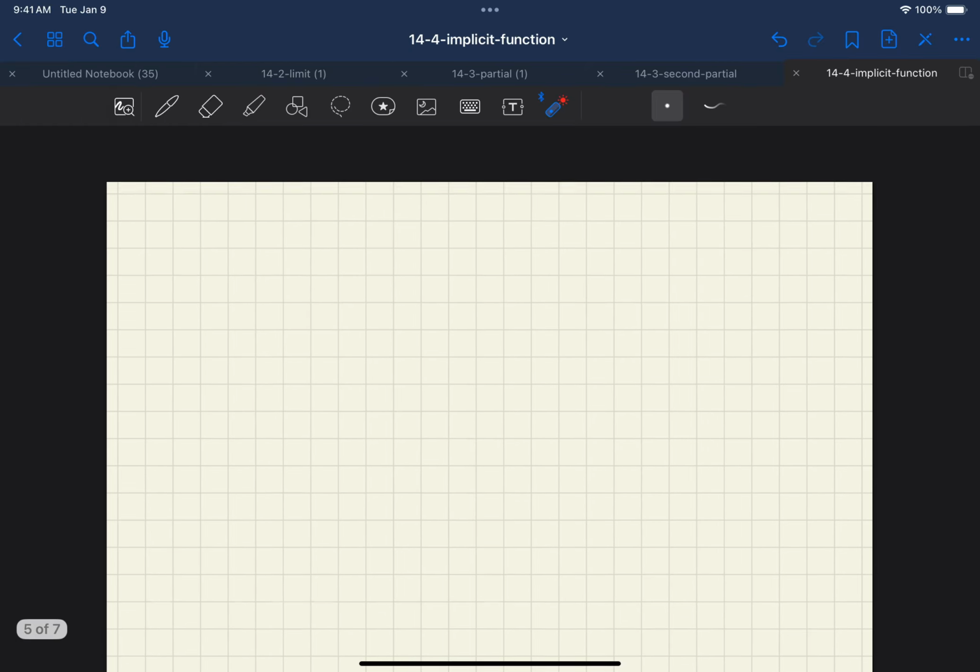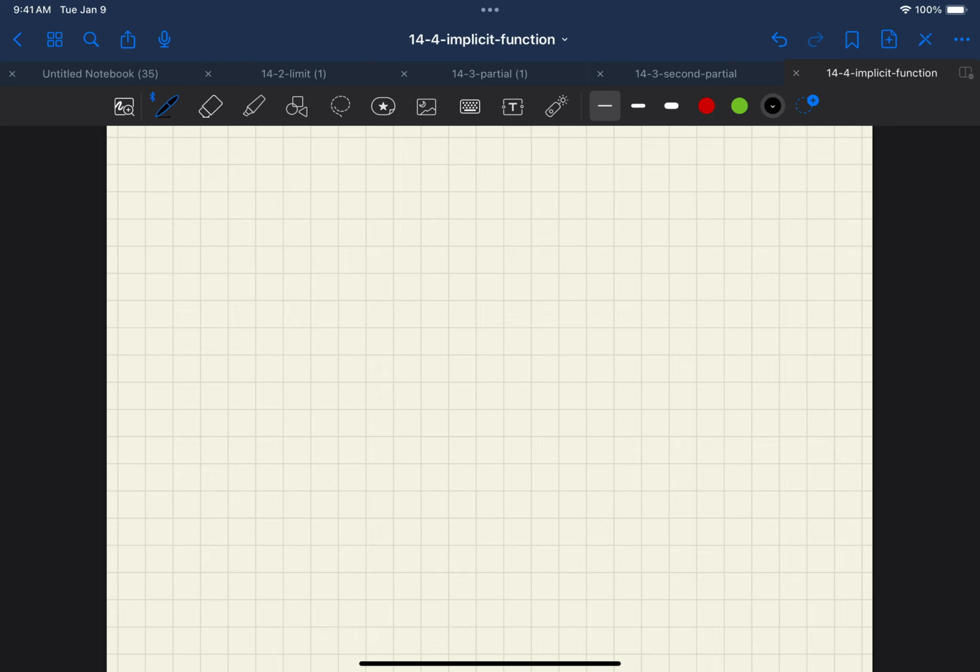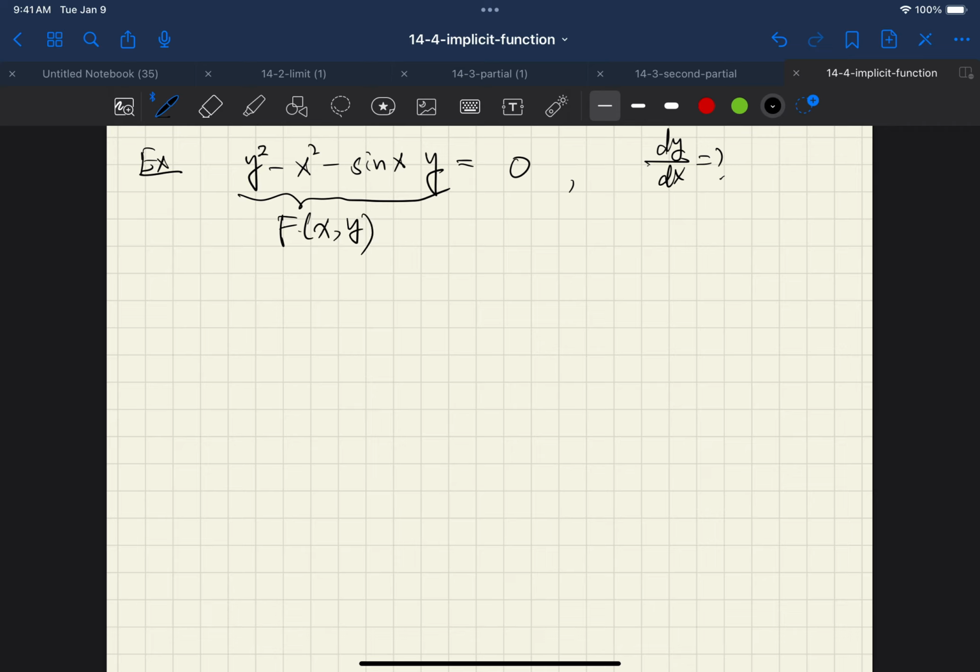So this is the question. I want dy/dx. So as usual, we set the left hand side as f of x and y.